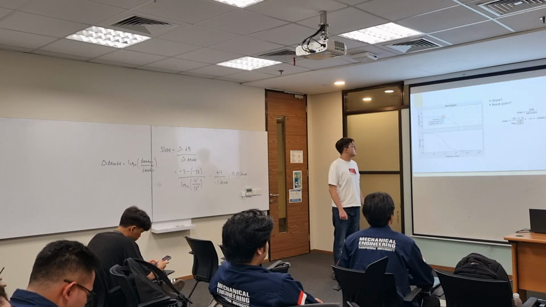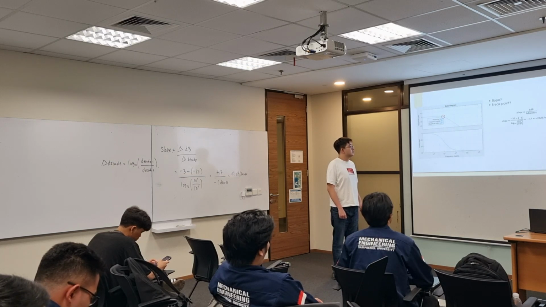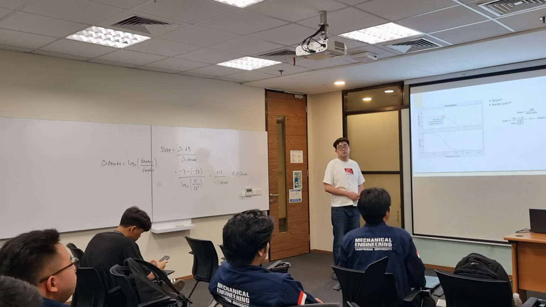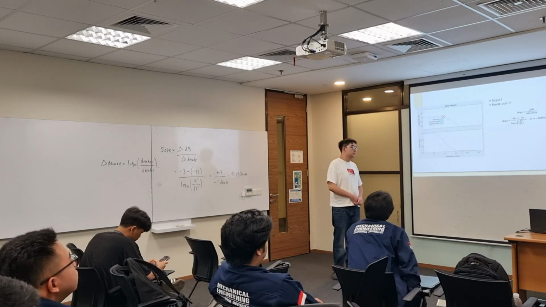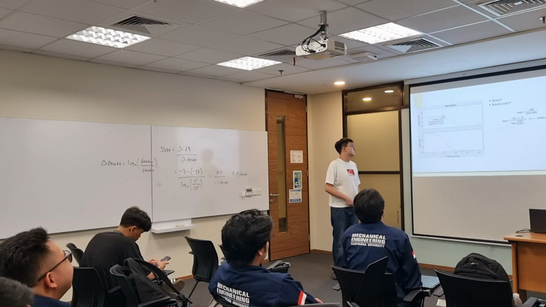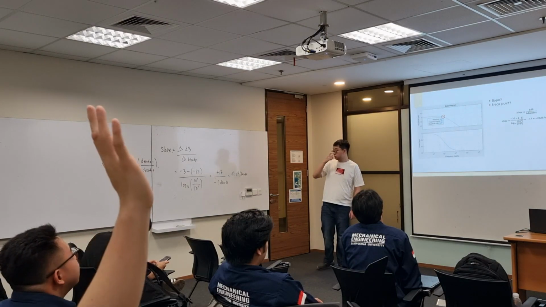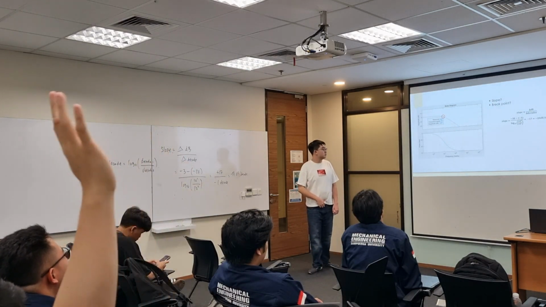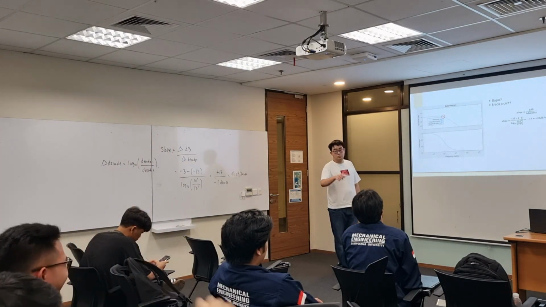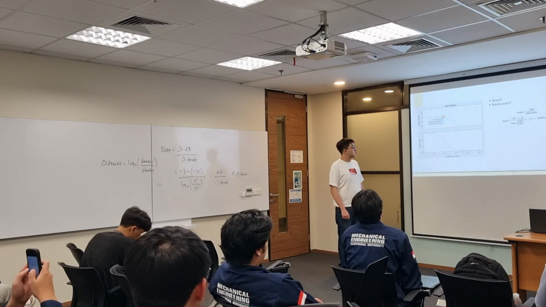Now let's analyze the breakpoint. Breakpoint is where the slope starts. Where do you think is the breakpoint? The one with negative 17, why can you round it?